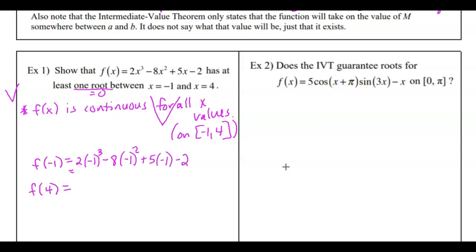So what do we get? -2 minus 8 minus 5 minus 2. So 10, 7, so f of -1 equals -17. And if I plug in 4, so what do I get? 64 times 2, 16 times 8.